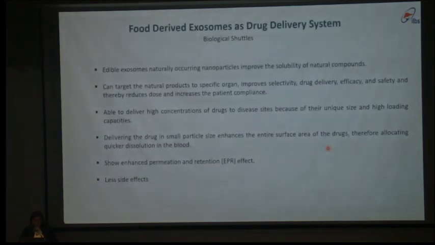Edible exosomes, naturally occurring nanoparticles, can improve the solubility of natural compounds. They can target natural products to a specific organ. The selectivity, drug delivery, efficacy, and safety thereby reduce the dose and increase patient compliance.